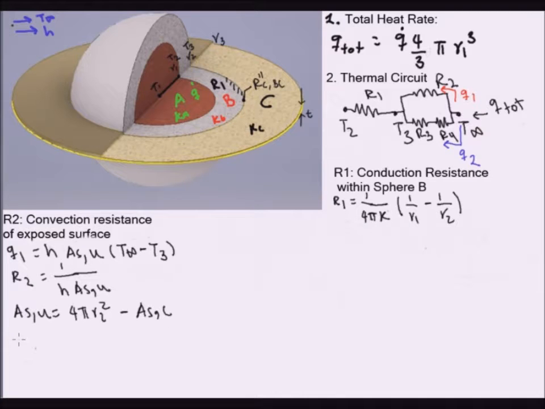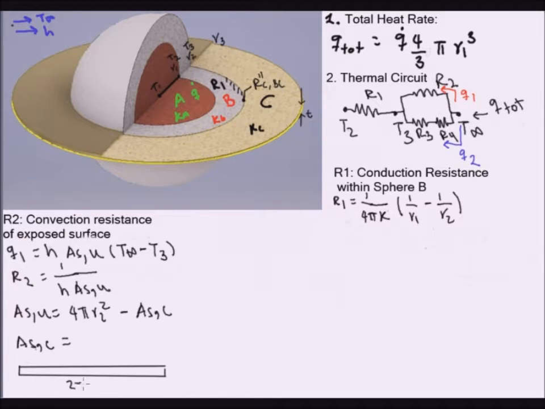And then what is the covered surface? It's just the surface of a really thin cylinder here at the interface between the fin and the sphere, and you can model it as a horizontal wall with length equal to the circumference of the inner surface of the fin.